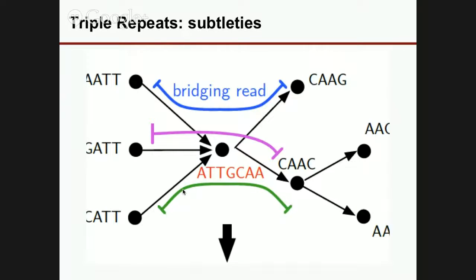Here's this triple repeat node, 3 going in, but you don't immediately fork off at the output, you fork off here, and then downstream, you split off. Okay, this is the cable. So I claim that, for example, if you only have this bridging read, and forget about the perfect green one, then it's not enough. Why is it not enough?